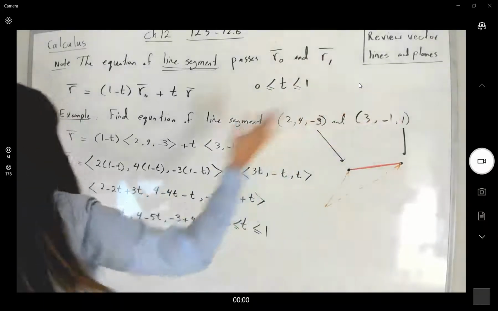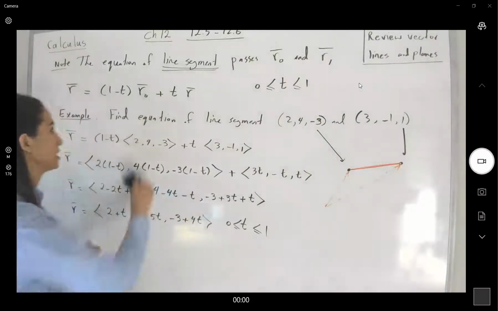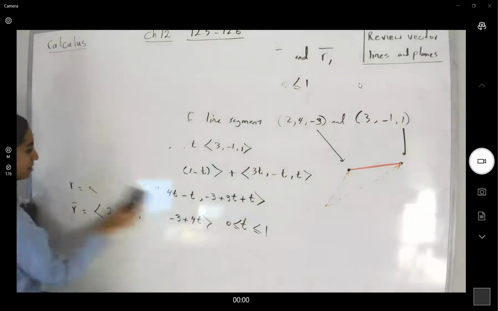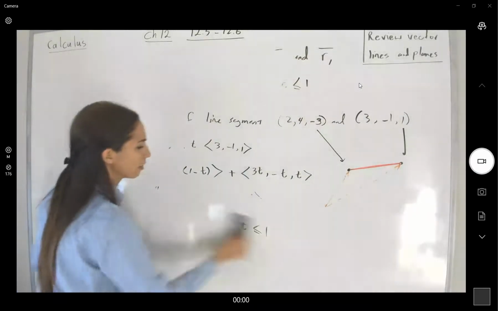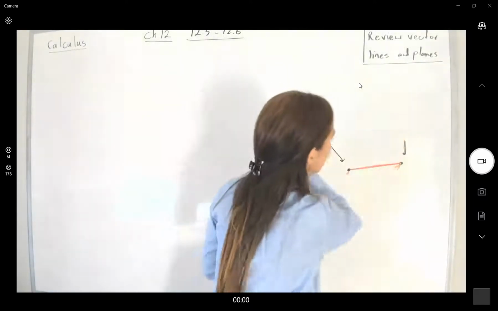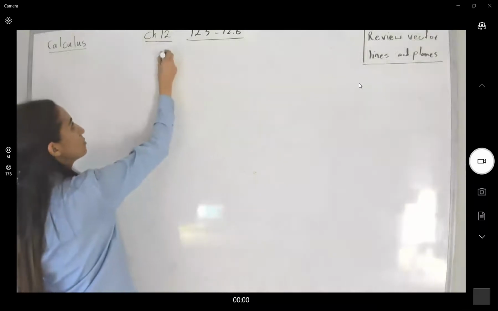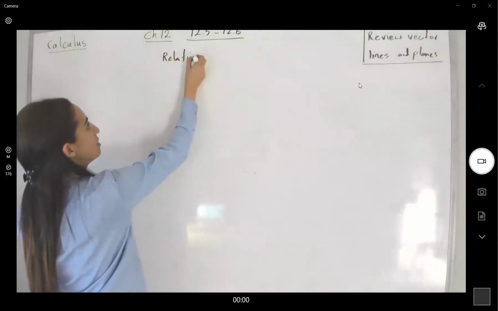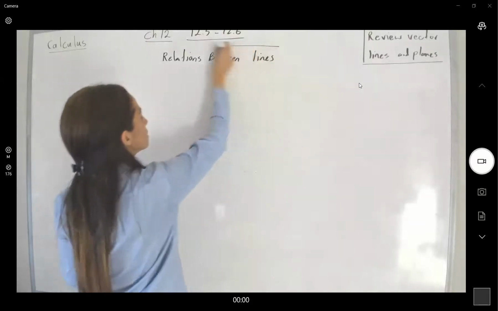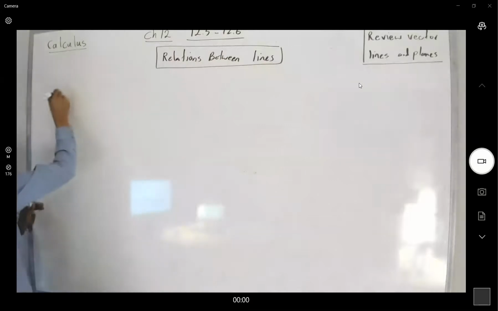So when it comes to lines in space, we have different relations between the lines. You might have parallel lines, of course.